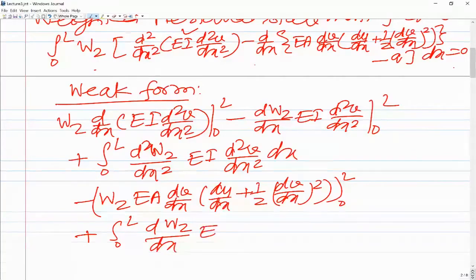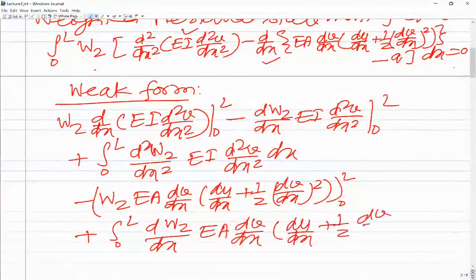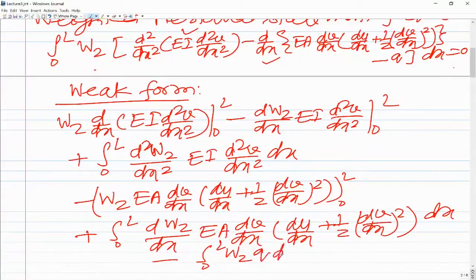Because this derivative is there, that will go. So the integration of the second term would simply be EA into dv by dx into du by dx plus half of dv by dx whole square dx, then minus, of course, integration 0 to L w2 q dx is equal to 0. So this is the weak form of the second equation.